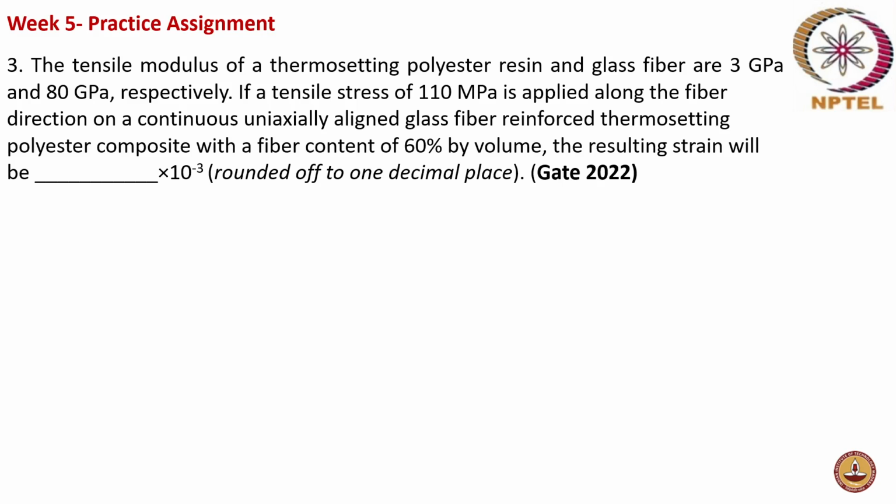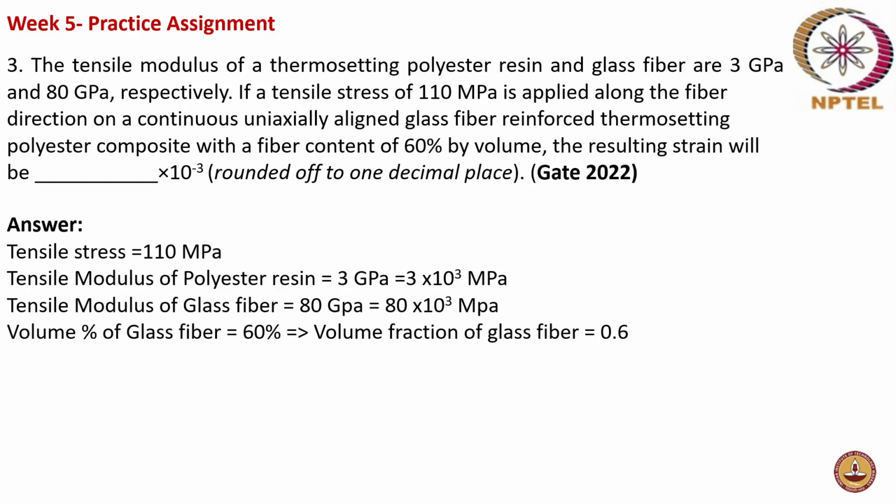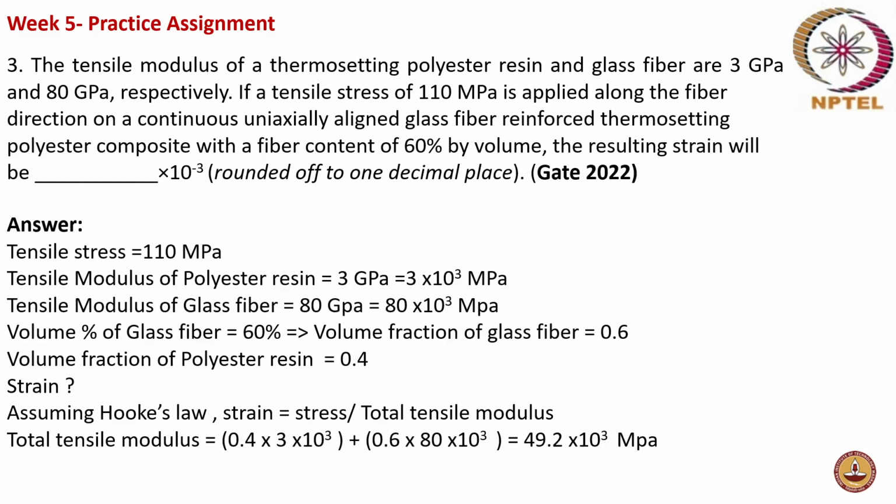So as he said, we have to take the modulus that way only. We have to use the simple mixing rules, where you take the composition into account along with the individual tensile moduli, and get the total tensile modulus.